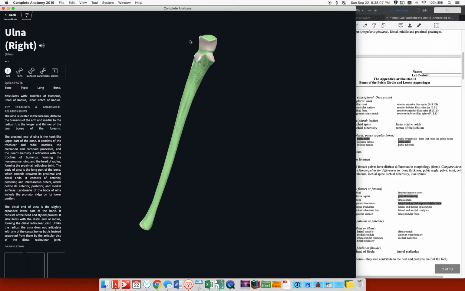And since the radius is more lateral, that means the body has to be here, right? Because this is medial. Medial means it's closer to the body's midline. So the body is right here, making this the right ulna. I hope that makes sense.